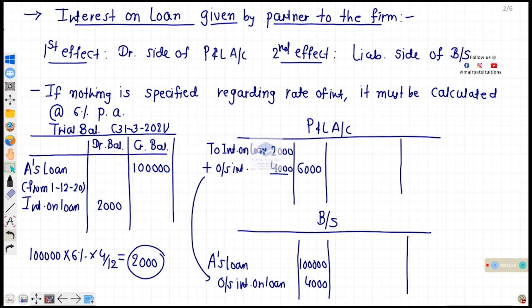You have received 1,000 cash by selling them as scrap, so in the cash balance on the asset side, 1,000 will be added. Now your actual loss is 3,000. Out of 10,000, 6,000 will be given by the insurance company, 1,000 you have realized by selling the goods as scrap. So your net loss is 3,000, and 3,000 will be debited to profit and loss account as loss by fire.